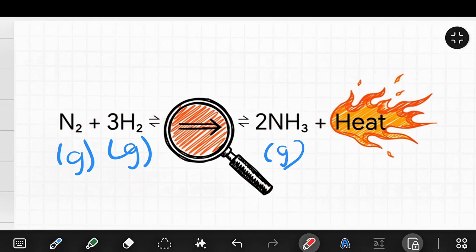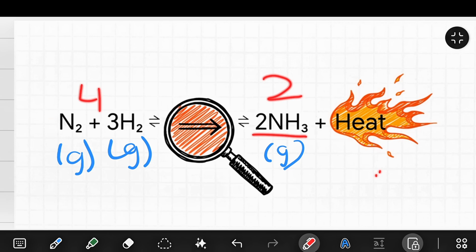So now, if we count the number of moles, there are 2 moles over here and 4 moles over here. 3 plus 1 is 4, and 2 as the moles of ammonia.